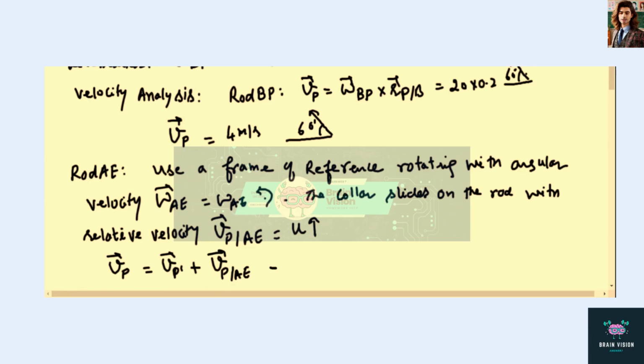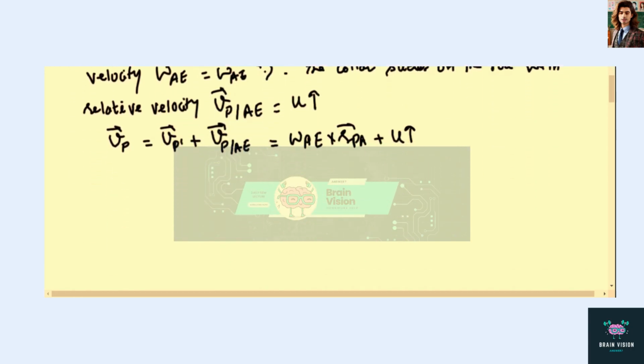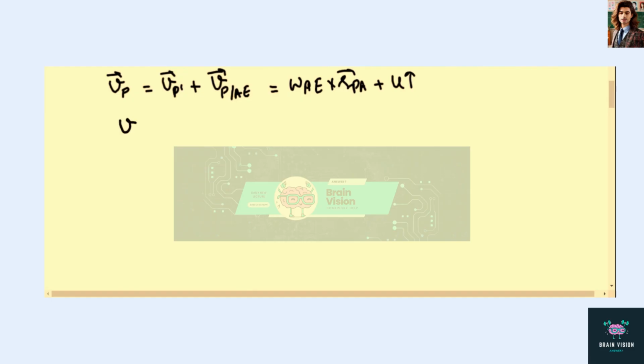Velocity of P dash is defined as the cross product of angular velocity and position vector, so omega AE cross RPA vector, plus U. So velocity of P you will get 0.1 angular velocity of AE towards right plus U in upward direction.